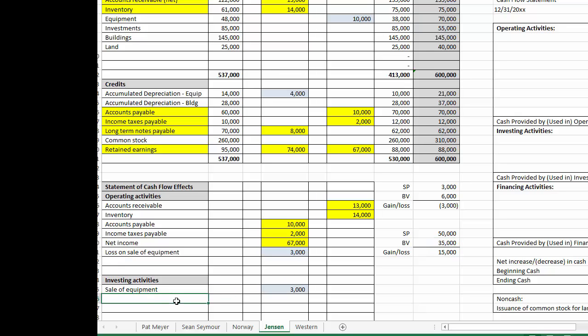So I'll have sale of investments in investing as a plus. And we'll use a different color. I'll have the book value, sale of investments up here for $35,000.